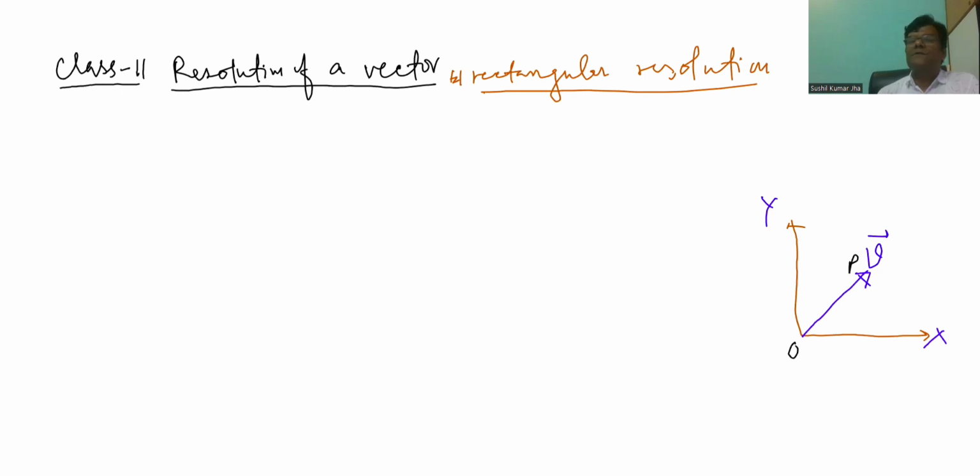and this V can be expressed along two. It can be a Vx component and it can be Vy component. So this velocity vector having two components, which is Vx plus Vy.